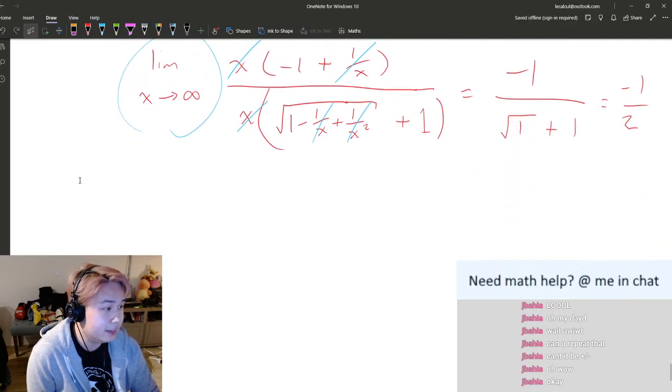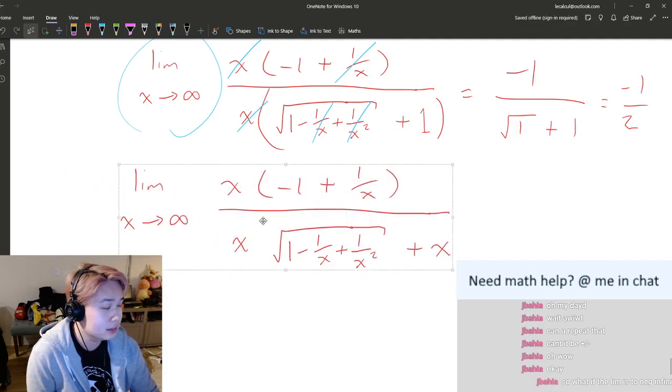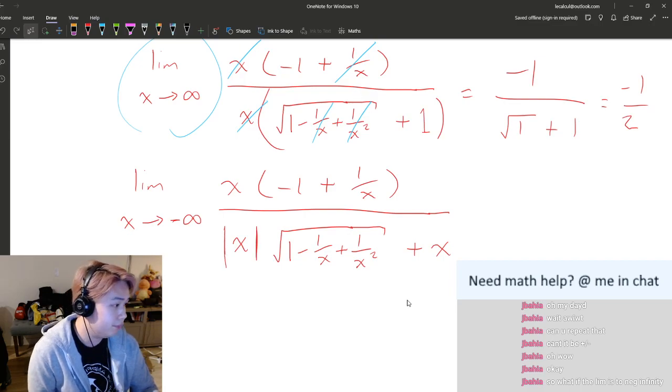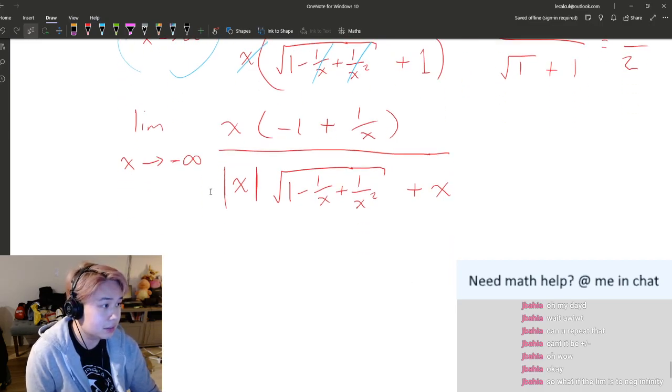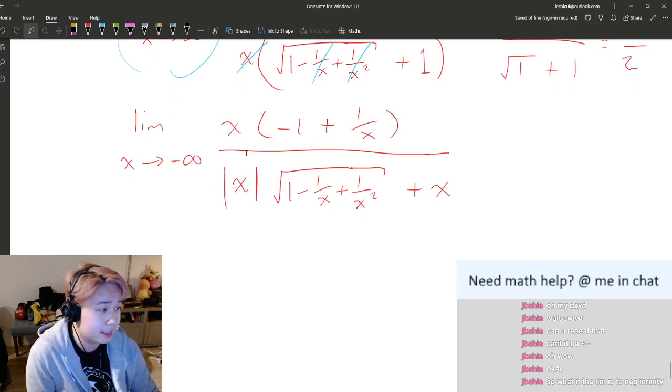And then the other limit, when you're going towards negative infinity, that slightly changes your limit. So all of the steps up until this point are the same.